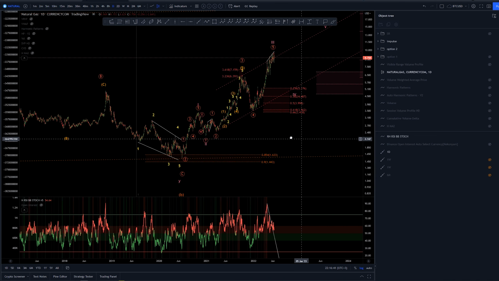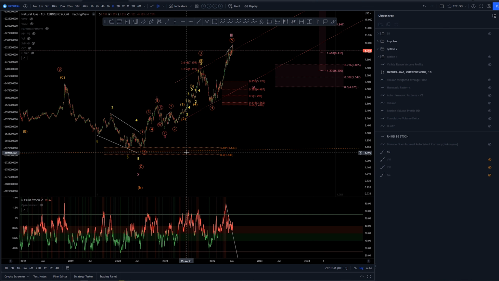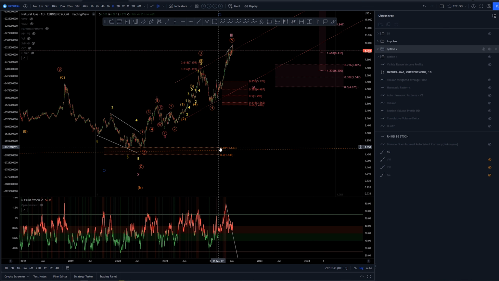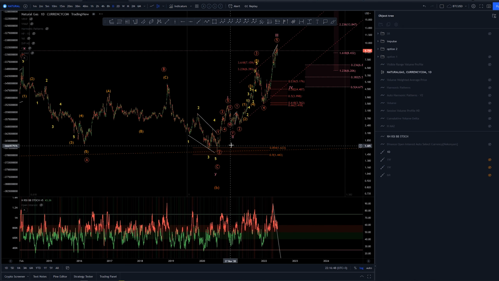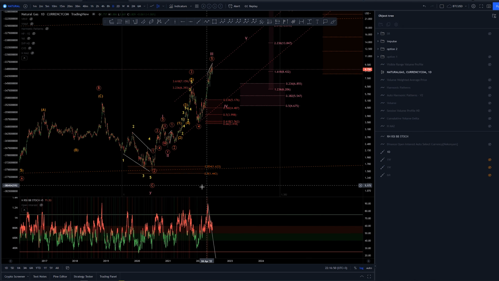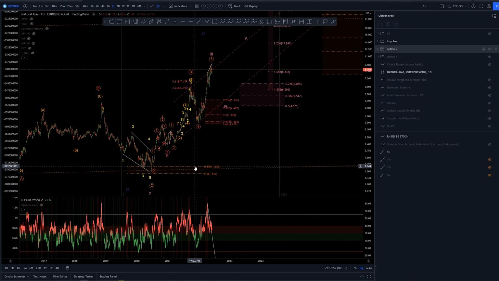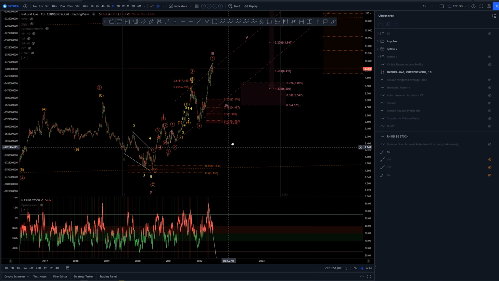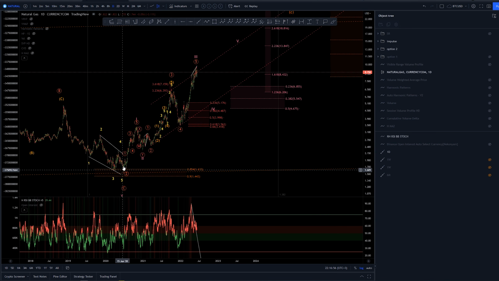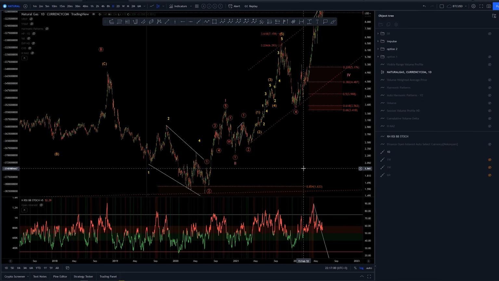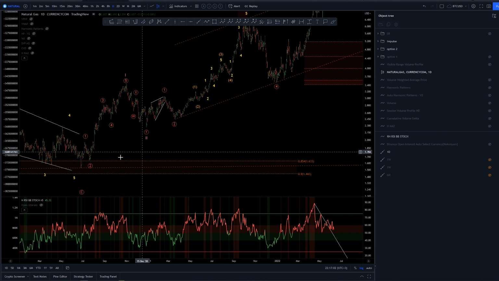So again, here is the end of the B wave. Again, we are coming to the 85.4 retracement of the A wave, making it possible to have this C wave complete the flat correction. Overall, let's zoom in a bit to look at the substructure.